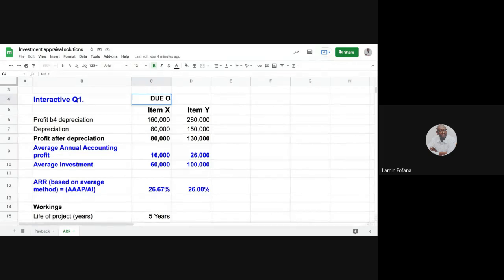Okay. What's the date on Tuesday? 14th. 14th September 2021. Excellent. I just put assignment.